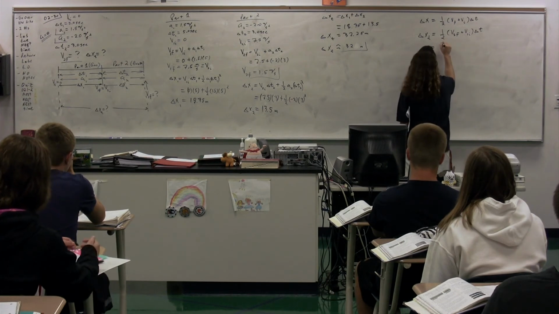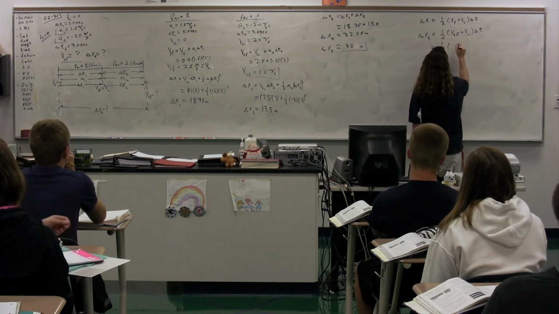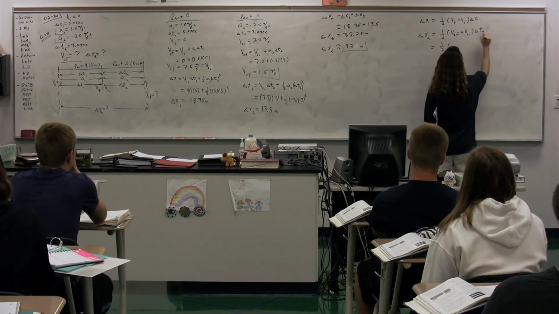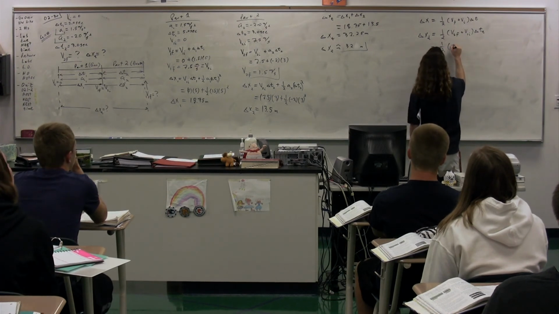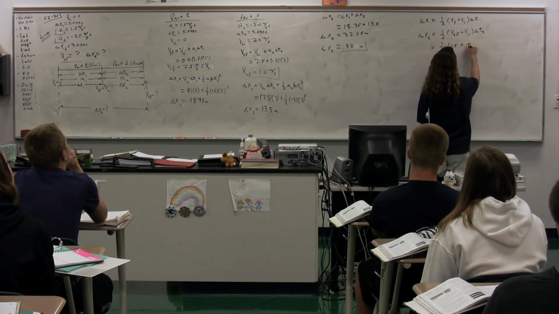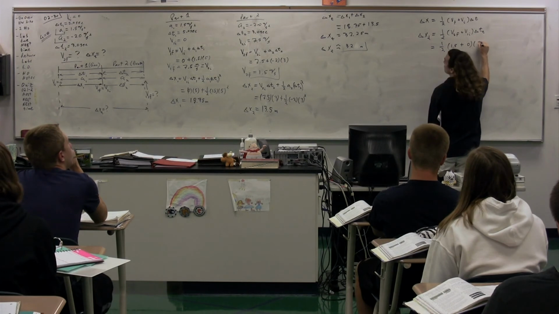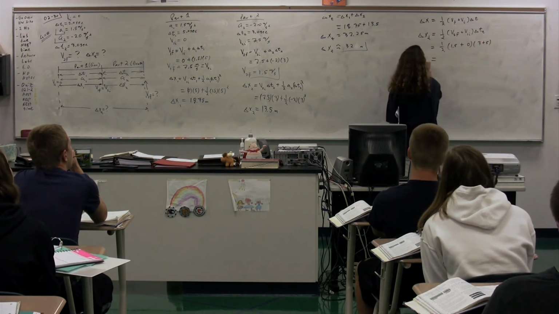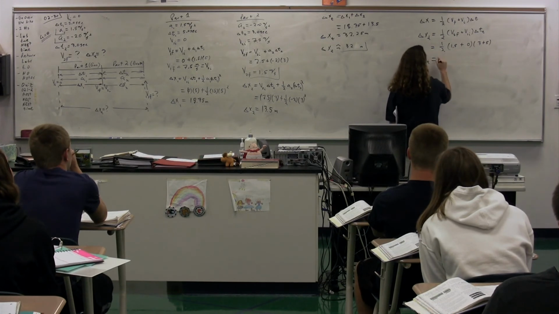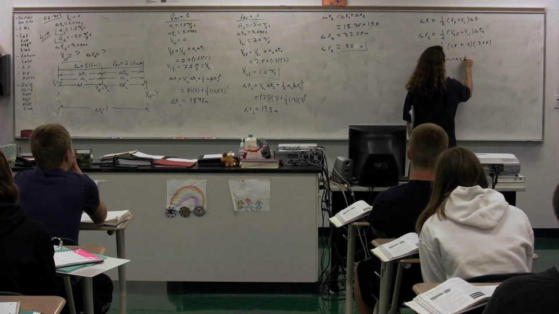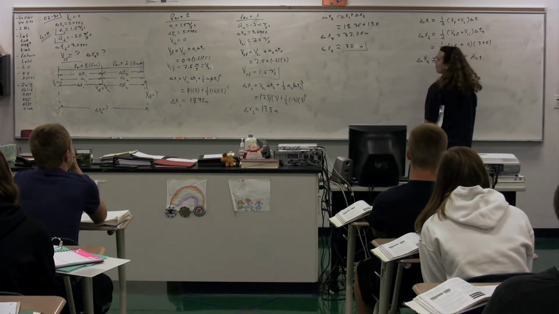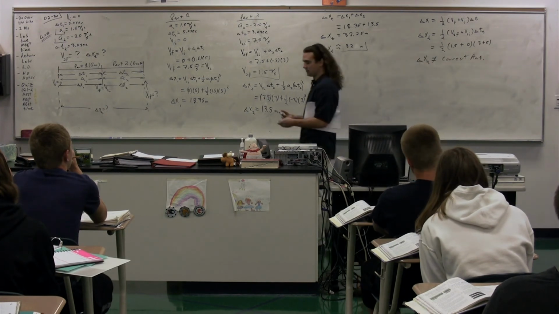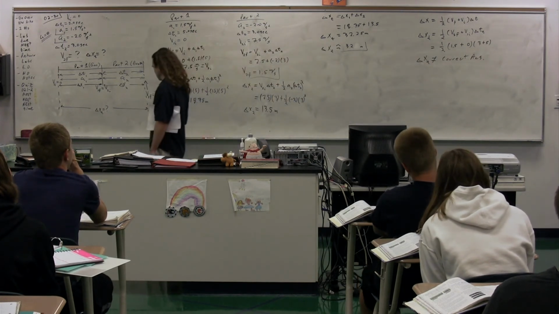The velocity 2 final we figured out was 1.5, the velocity 1 initial was 0, and the time total would be 3 plus 5. Why doesn't that give us the correct answer, Emily?